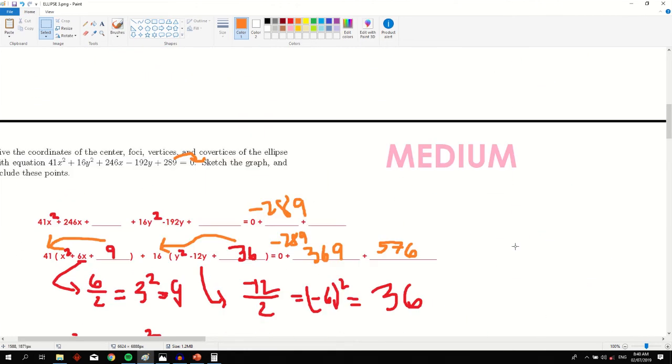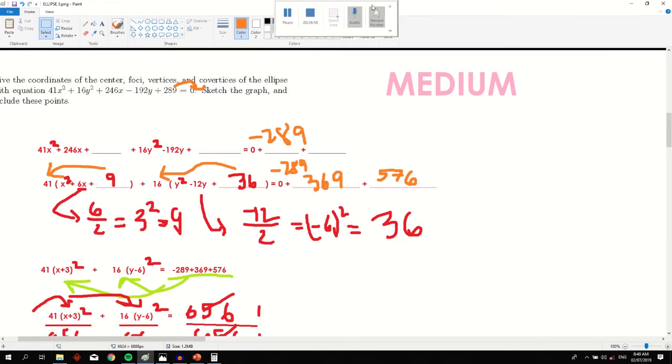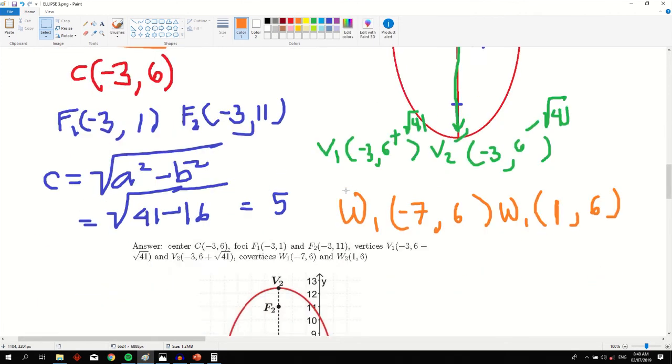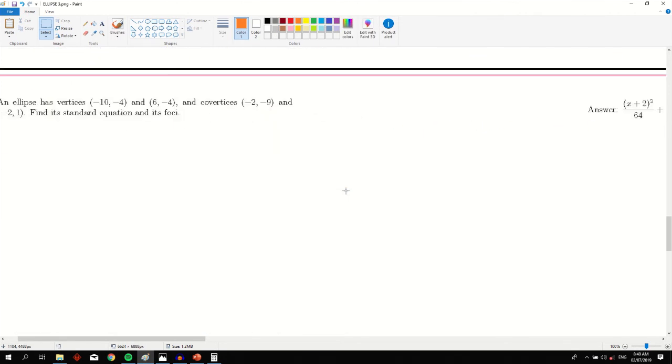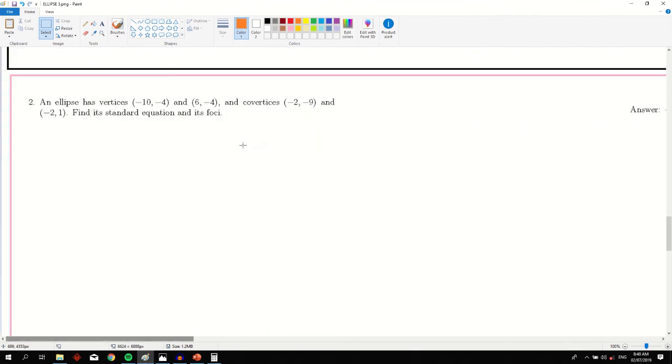Alright, so that's the medium. We still have 30 minutes to go. So this one is also a medium one. You are given vertices at negative 10, 4 and 6, negative 4.